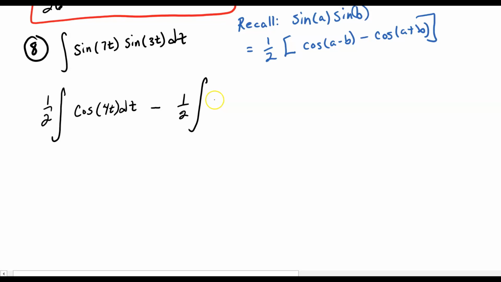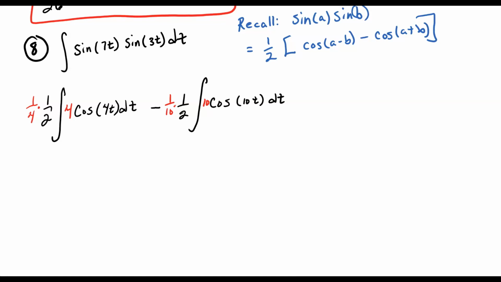And then it's going to be the cosine of a plus b, 7 plus 3, which is 10t dt. All right. Now, again, pretty simple u substitution. I need a 4 here. By consequence, I'm going to write a 1/4 on the outside that I'm going to multiply by. And over here, I need a 10, and I'm going to multiply by a 1/10 again on the outside.